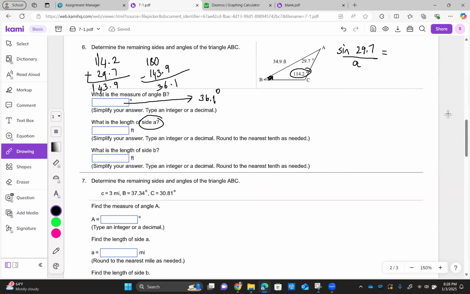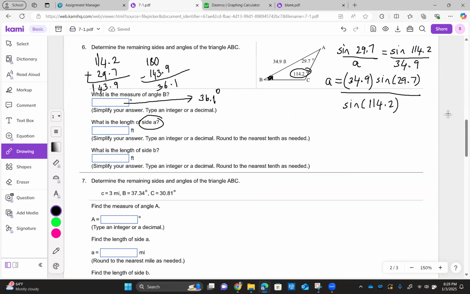But I can stick to this angle, sine of 114.2, and its corresponding side is 34.9. When we do cross multiplication, A will be equal to 34.9 times sine of 29.7. It's always a smart idea to put the angle in parentheses, over sine of angle 114.2.